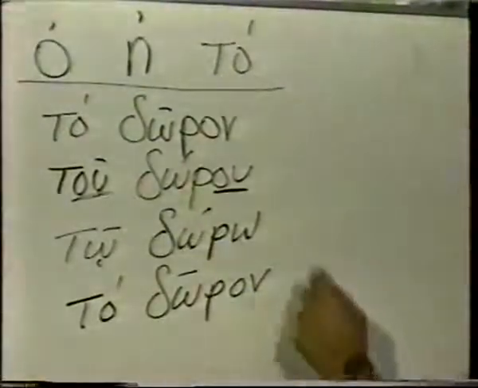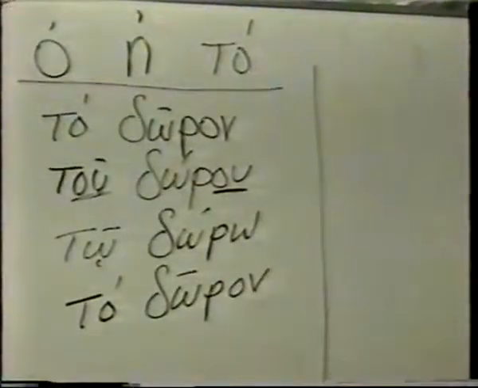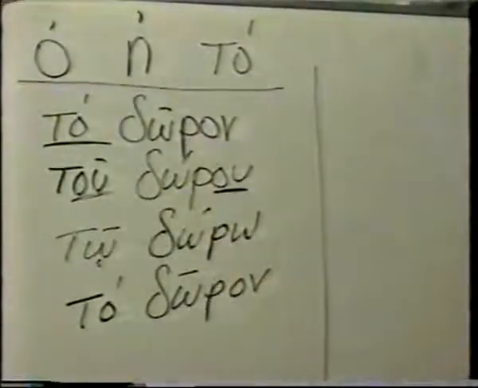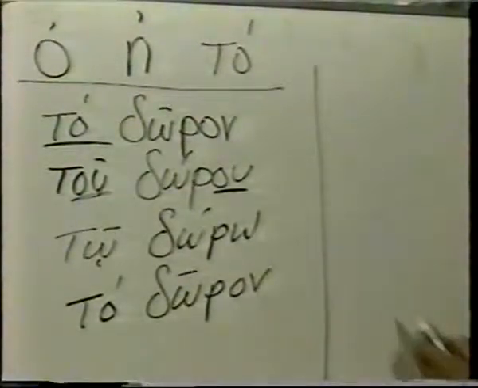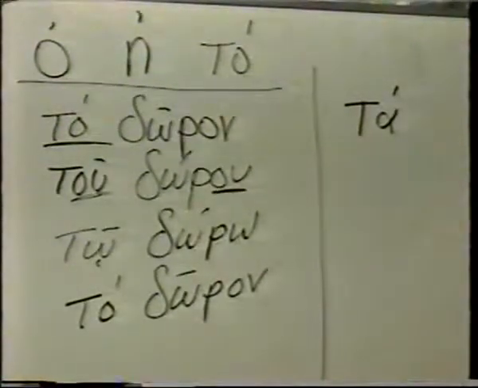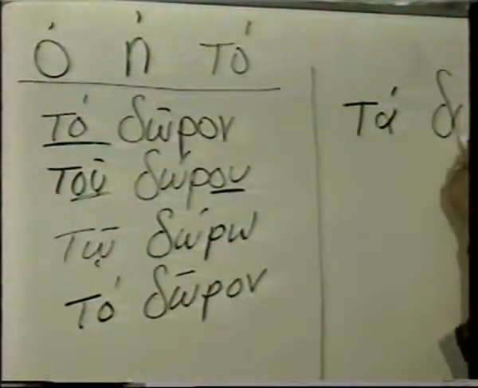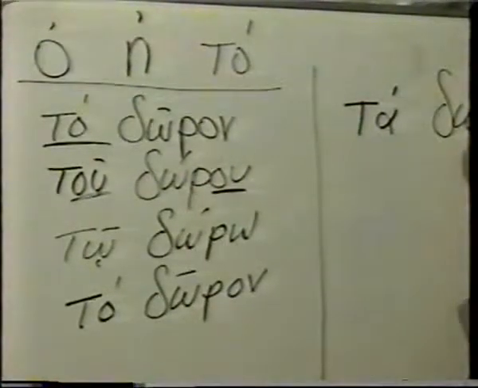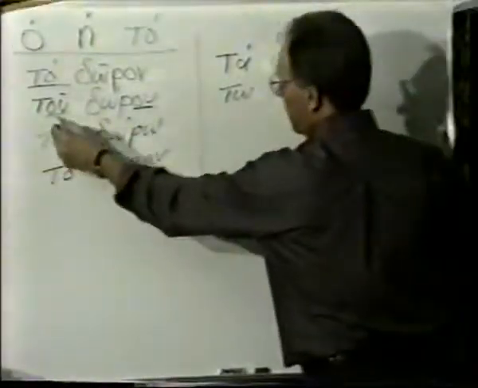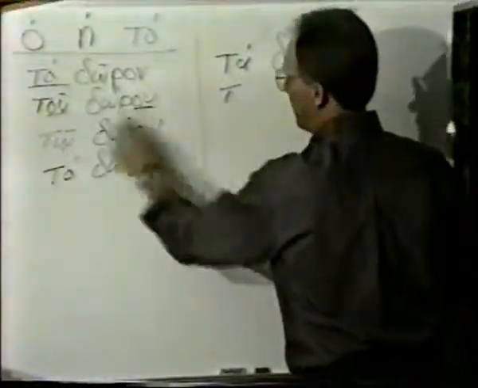All right, let's move over now to the plural, if we may, and see how it changes. Now, this is the article singular to, neuter article. This to in the plural now becomes ta, and the doron becomes dora. We see the second form is going to be tou, there.